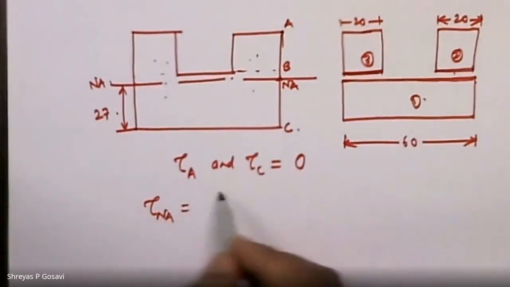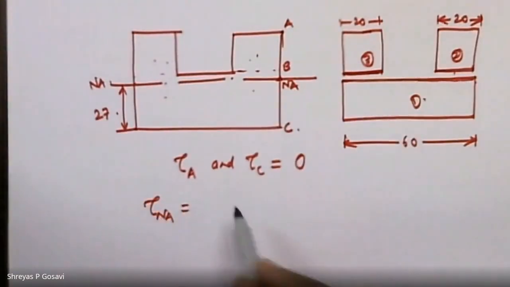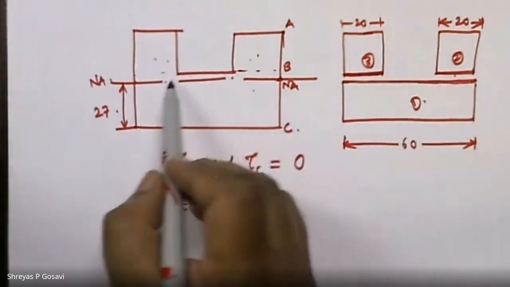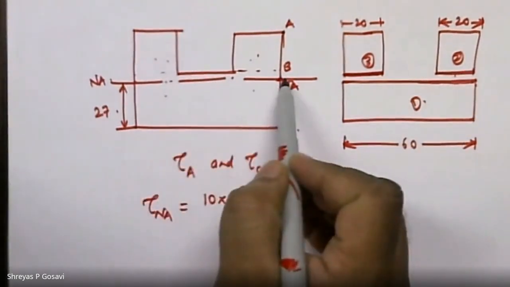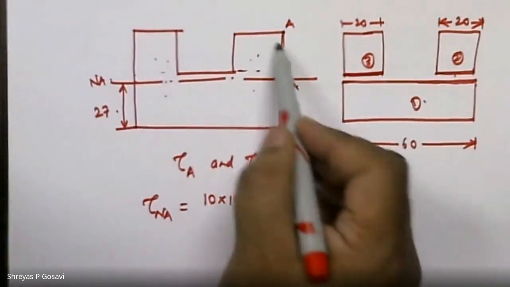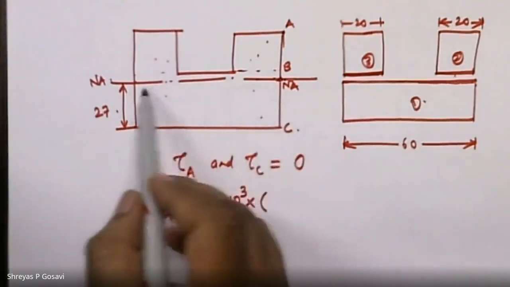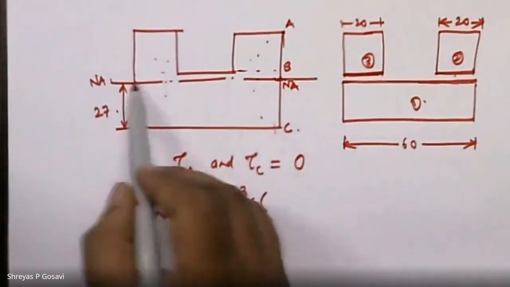So about the neutral axis, S, that is the shear force, which is given to be 10 kilonewtons, into area. Either we can consider the area above the neutral axis or the area below the neutral axis. It will be easier to consider the area below the neutral axis.